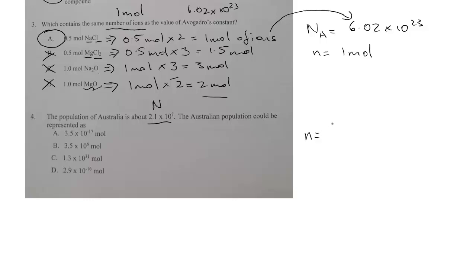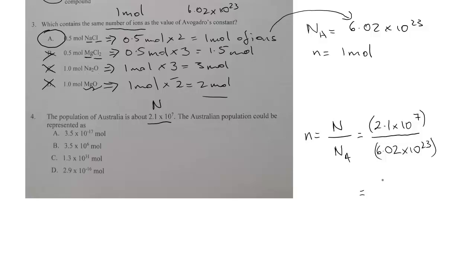The mole is equal to the number divided by Avogadro's constant. And so the number of people in Australia is this. Avogadro's constant is this. Making sure that you keep your brackets around these values in particular, because you might get something strange if you don't.